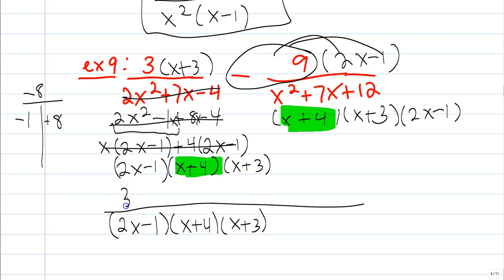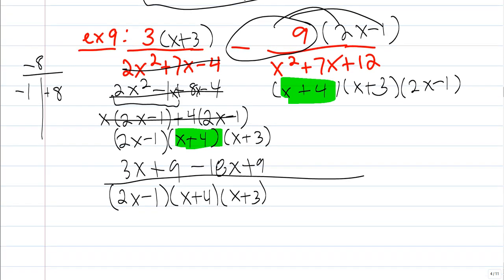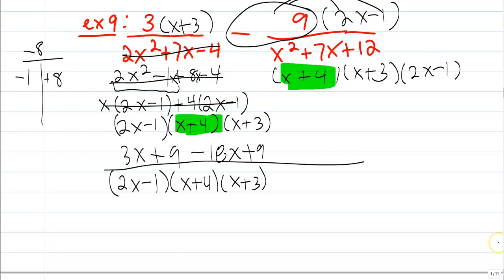On the top, 3x plus 9, minus 9 times 2x minus 1. How about minus 18x plus 9? So what does this become? 3 minus 18. How about negative 15x plus 18?